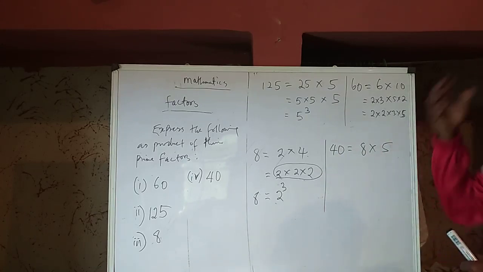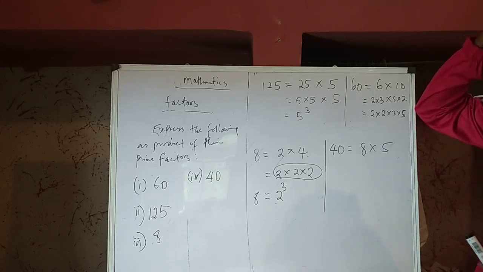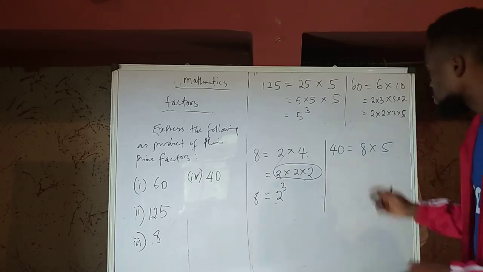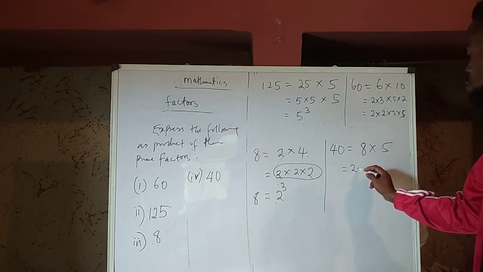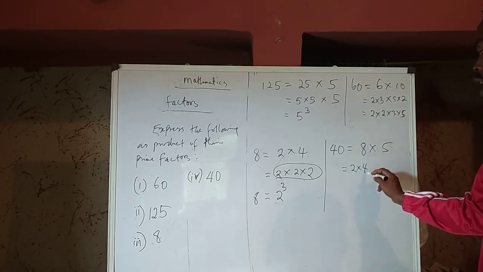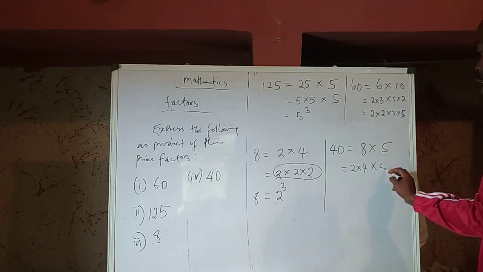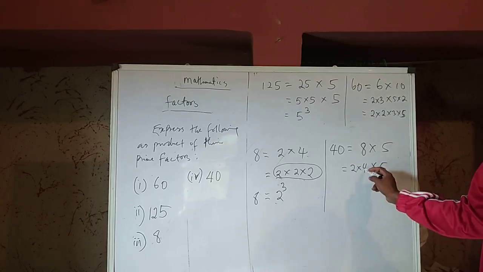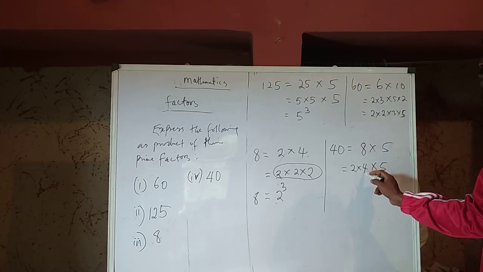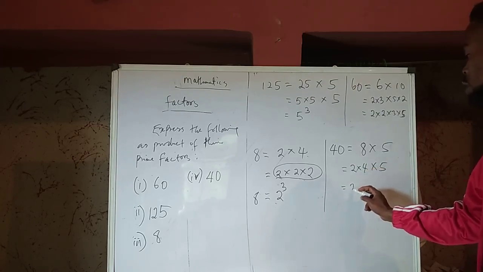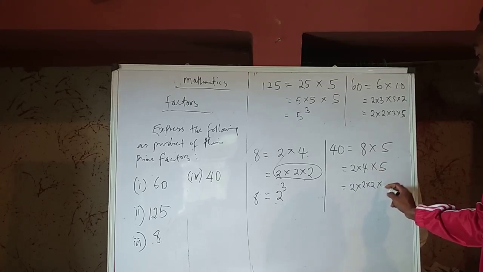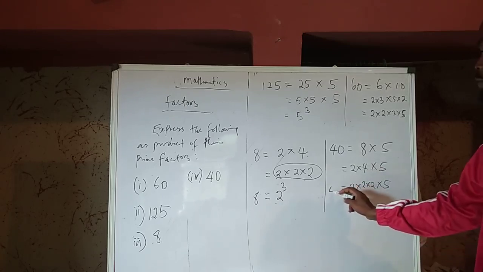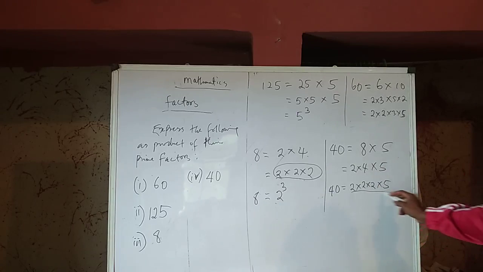Okay, so let's look at this now. 8 is 2 times 4, times 5. But you see, 4 cannot be here because 4 is not a prime number, so this becomes 2 times 2 times 2 times 5. So 40 in terms of the prime factors is this.